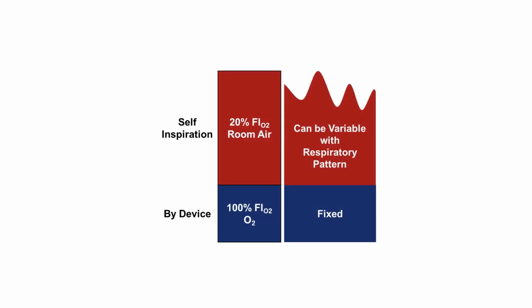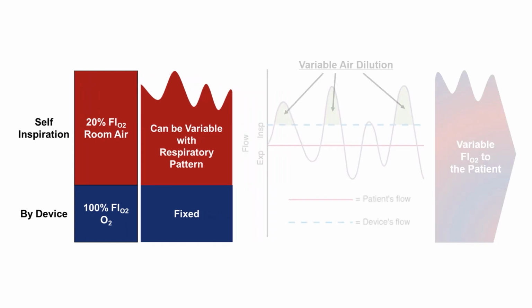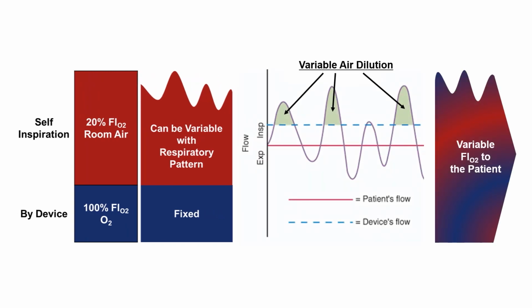However, while the oxygen flow of the 100% FiO2 supplied by the device is fixed, if the patient is unstable, the self-inspired tidal volume or peak inspiratory flow can vary with each breathing cycle depending on the respiration pattern. As a result, a variable air dilution effect happens with each breathing cycle, and ultimately a variable FiO2 is supplied.